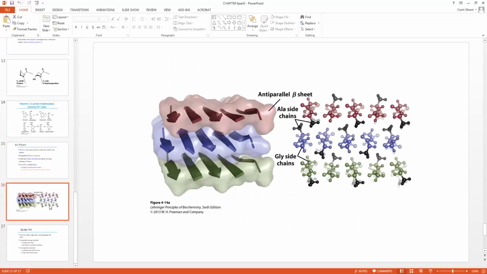A really great way to think about that is this ability to stack, and you can see the directions of the sheets themselves and the interactions between those sheets. This is an anti-parallel beta sheet, and you can see the role of both the alanine and the glycine within the context of this sheet.